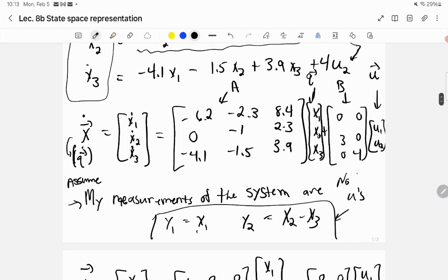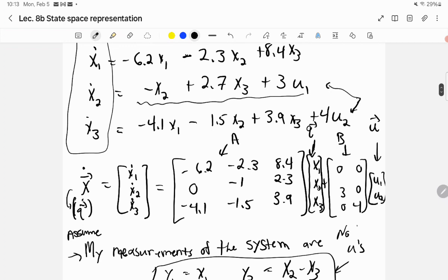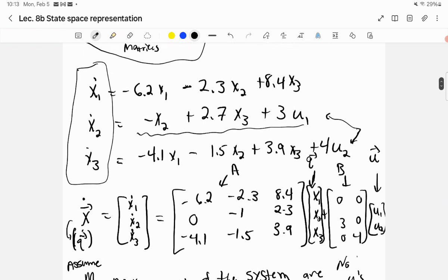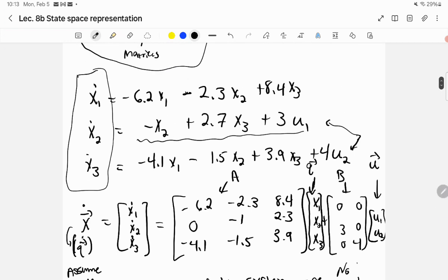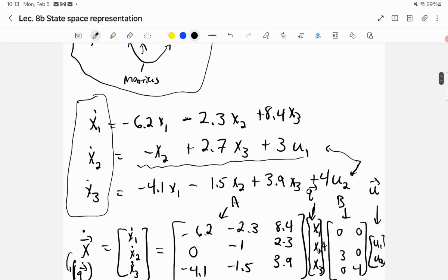Obviously, this matrix over here is A, and I have a matrix B. Now notice that I only have two U's, so I only have two input forces, but I have three equations in my state space. So the only way to actually make B work here is if it's a 3 by 2 matrix.